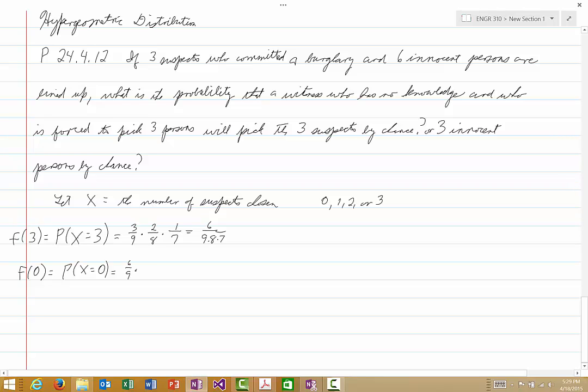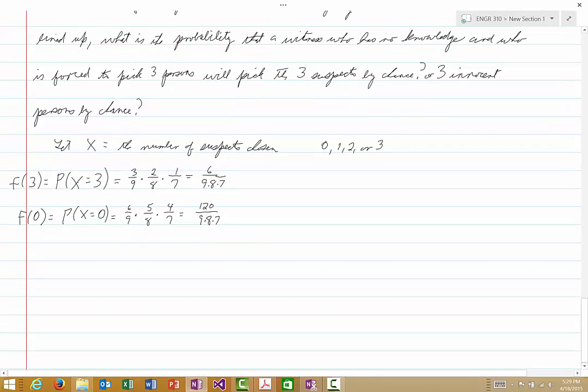And the probability then that he gets an innocent person on the second choice as well would be 5 out of 8. And the probability of an innocent person on the last choice would be 4 out of 7. And so in this case, we'd get 120 over 9 times 8 times 7. So the two questions asked in this problem are pretty straightforward.